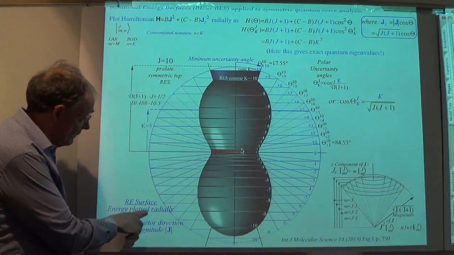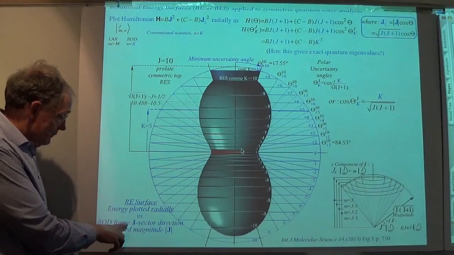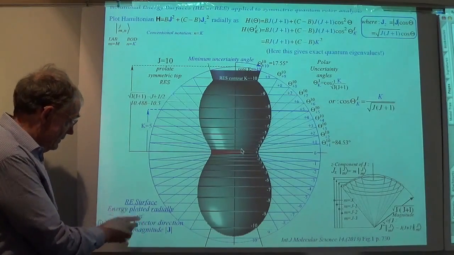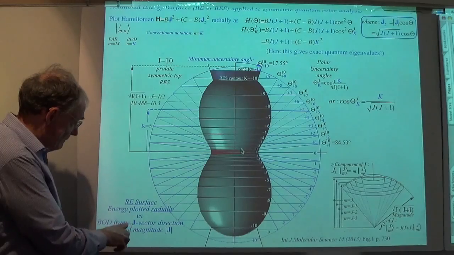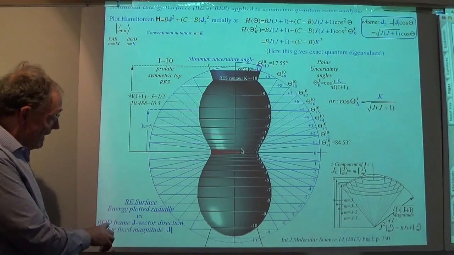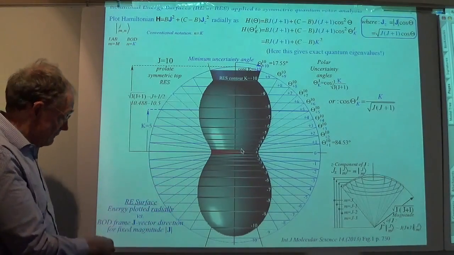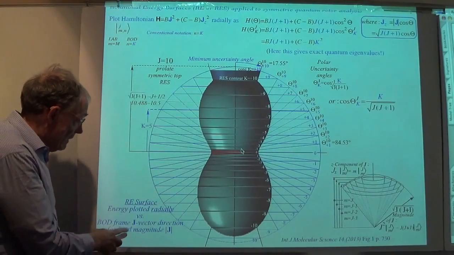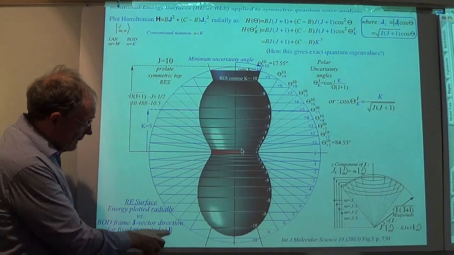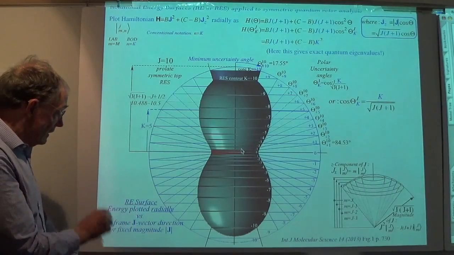And this is an energy that's being plotted versus the direction of the J vector in the body frame, as opposed to the lab frame. This is the body frame here that we're looking at all of these rotational energy surfaces, subject to the constraint that the magnitude of the angular momentum, that's the angular momentum quantum number for us, is constant.